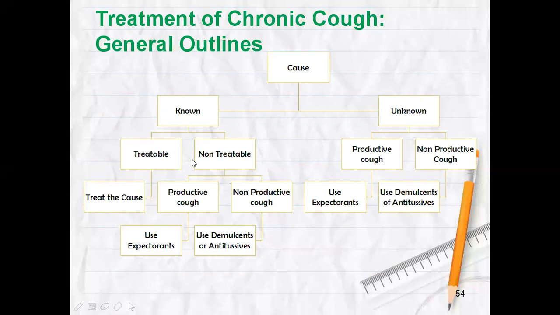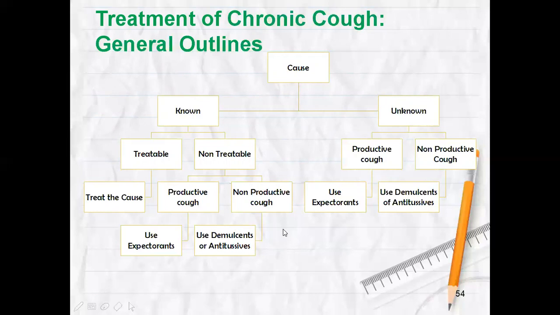But if the cause is non-treatable, for example, in cases of extensive metastasis of lung tumor, then we have to determine whether the cough is productive or non-productive. If the cough is productive, then we have to use expectorants, and if it is non-productive, we have to use demulcents or antitussives.